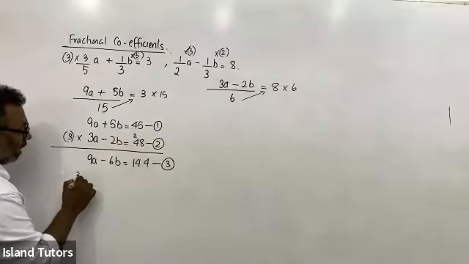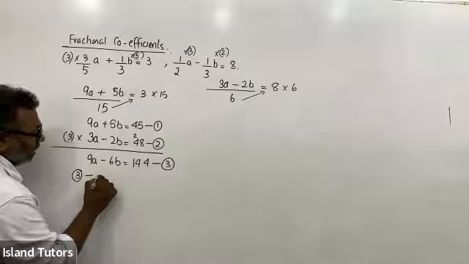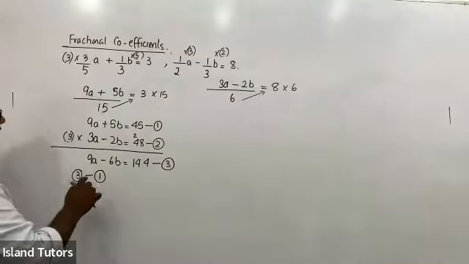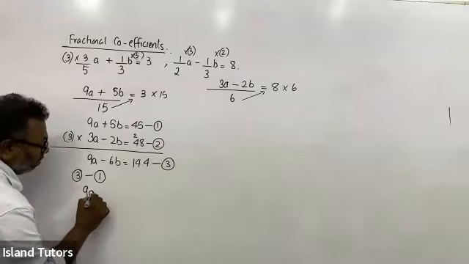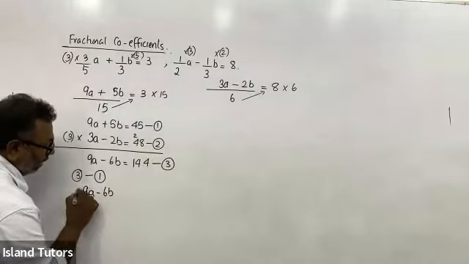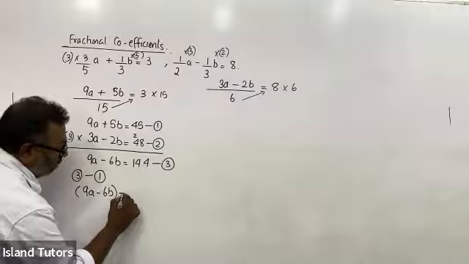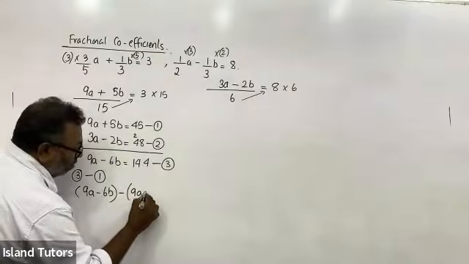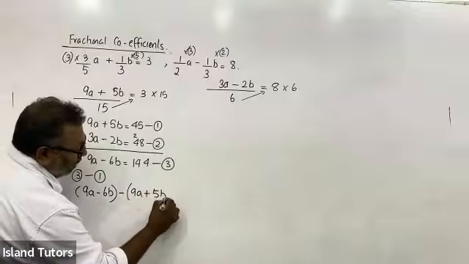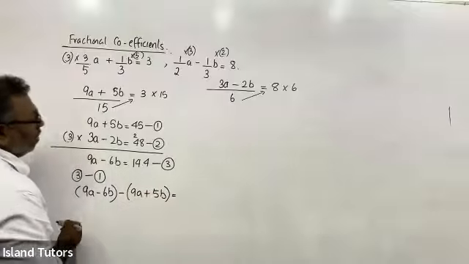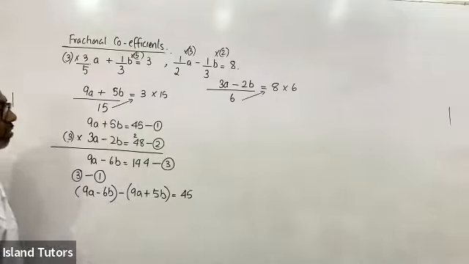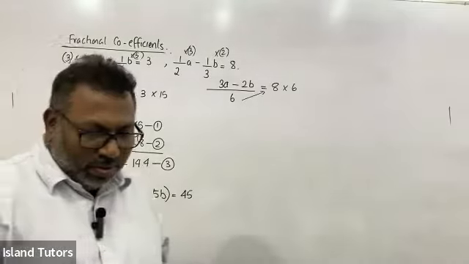So take equation 3 minus equation 1. So 9a minus 6b minus 9a plus 5b is equal to 45. Okay? Clear?